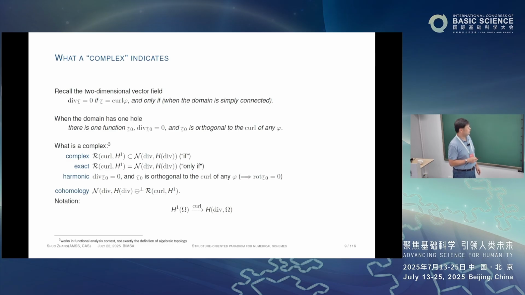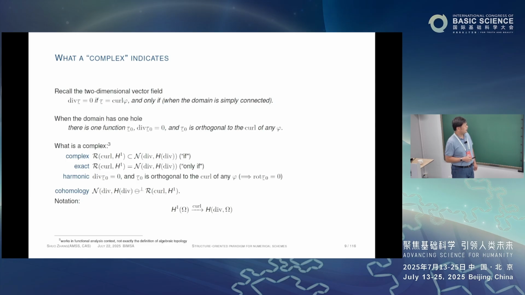That is to say, if you have a two-dimensional vector field tau, if it is divergence free, then it has some stream function. There is a function phi such that tau equals curl phi. This is a theorem in the field theory in your first year calculus.